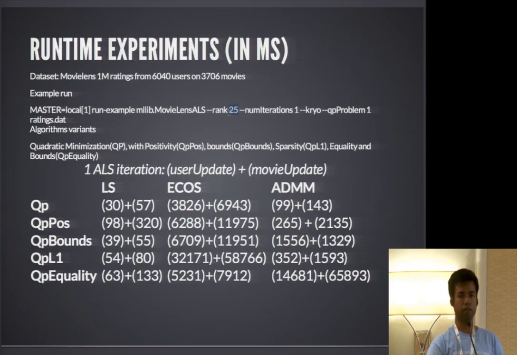When we put L1, we don't put positivity, because that does not make sense. But we have found in our runs that L1 and positivity give different results. I don't know how that translates to the recommendation and the rest of the flow, so we have not done that experiment yet, but we will.